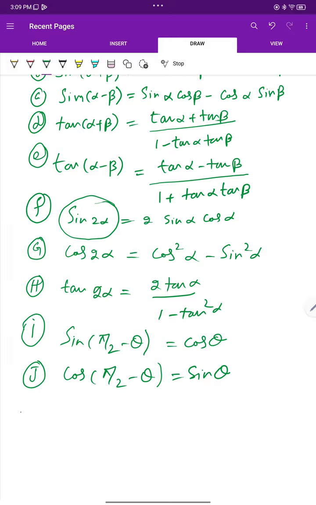Like if you want to find out cos alpha plus beta from the fundamental law of trigonometric identities, you just have to change something.